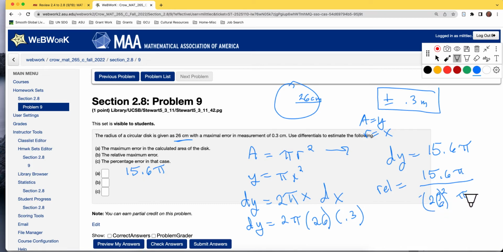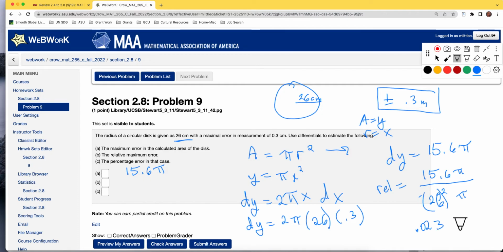Pi's will cancel, you get 15.6 divided by 26 squared. Oops, not cubed, squared. So I get about 0.023, about a 2% error in the area.